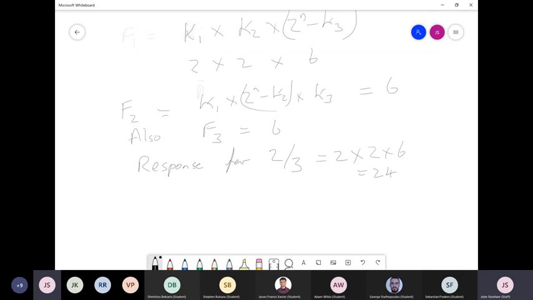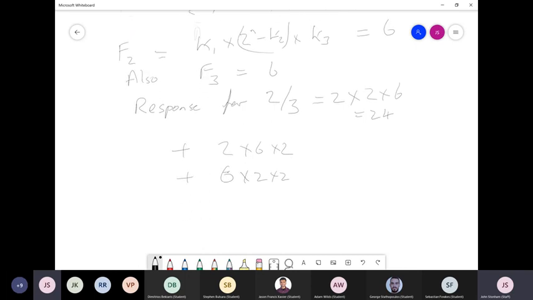The other way, plus 2 times 6 times 2, which will be 1 0 1, plus 6 times 2 times 2, and it's all going to be 24. The total is going to be 24, 48, 72 patterns.